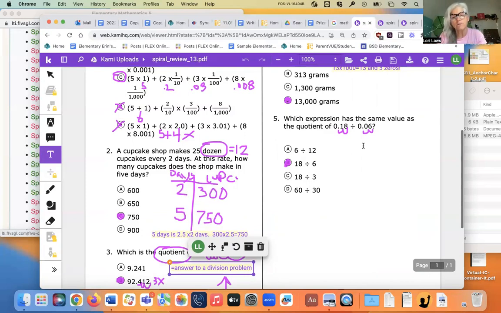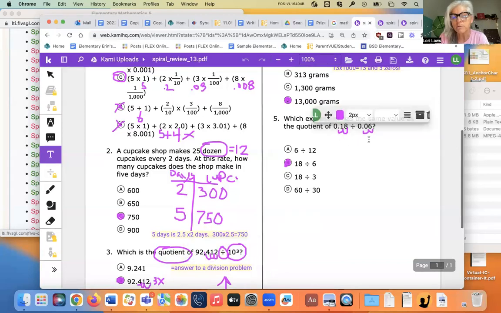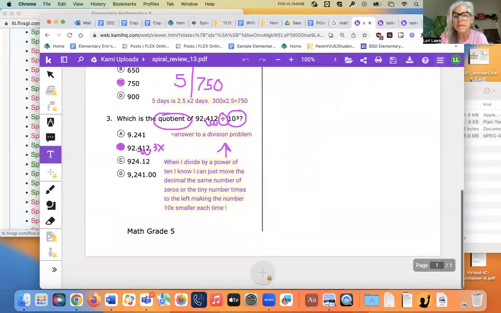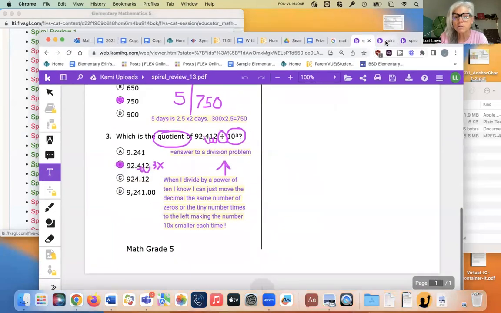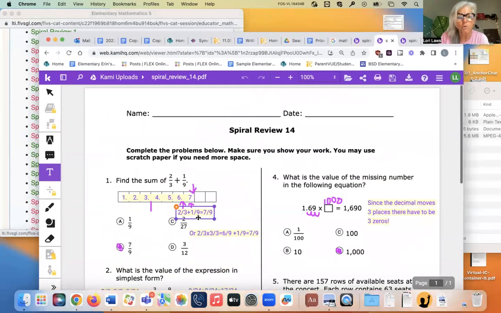You can also move decimal points in an equation and it comes out the same. So here I've moved the decimal point twice, and it's the same as 18 divided by 6, or B.